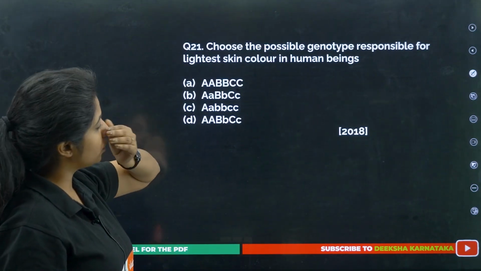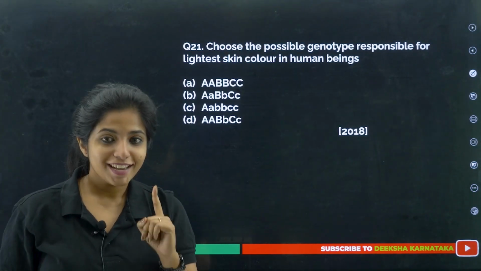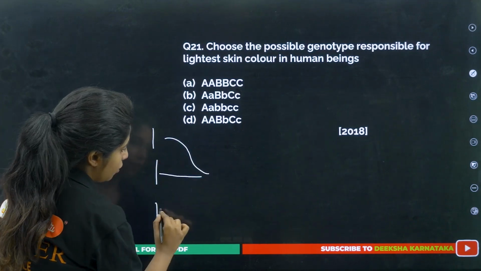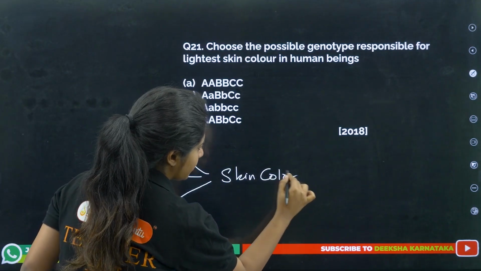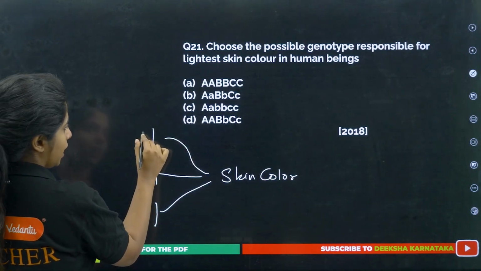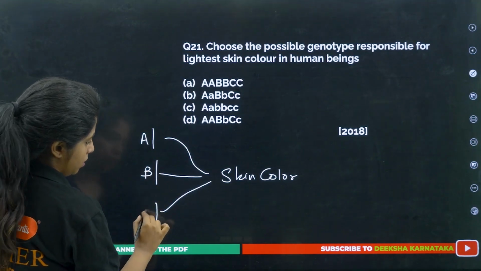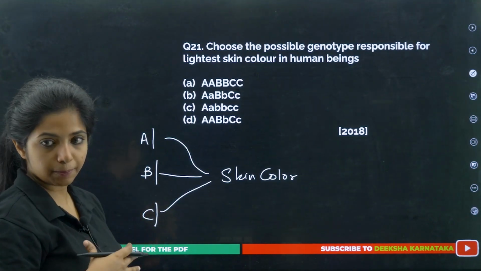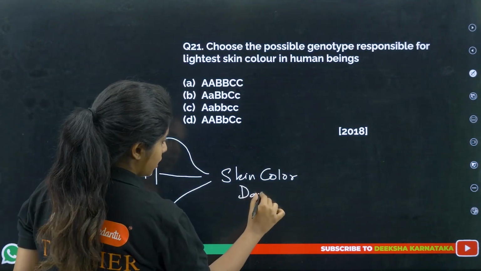Okay. Next question. Choose the possible genotype responsible for lightest skin color in human beings. I told you you have multiple genes coming together for one particular trait, for example skin color. Okay, so usually when all of them are capital, it will be giving you the darkest color that is possible.